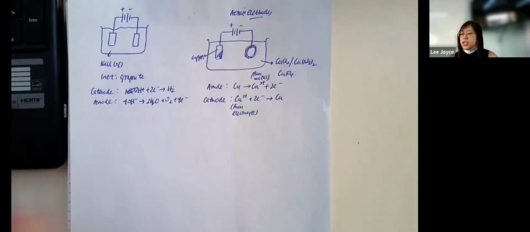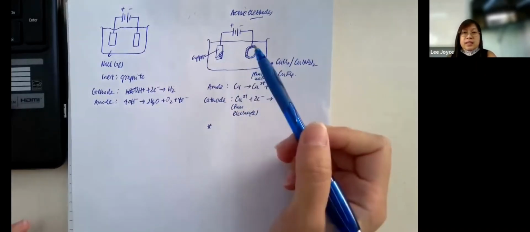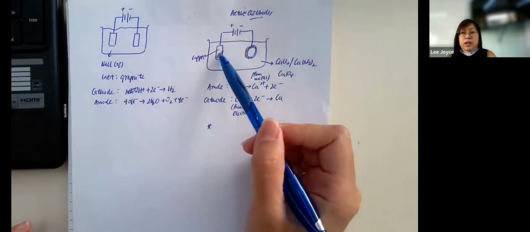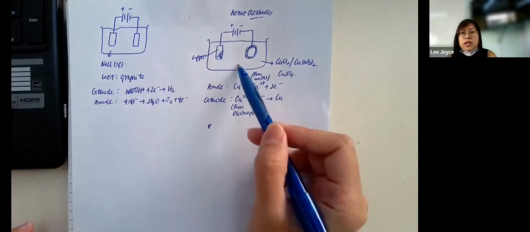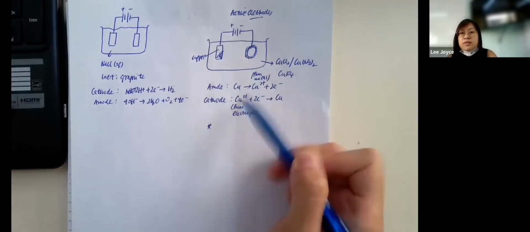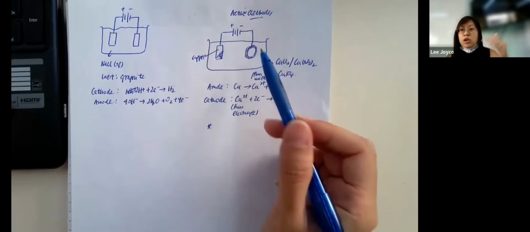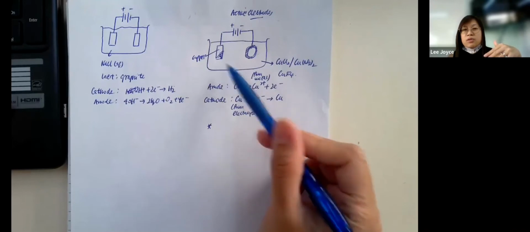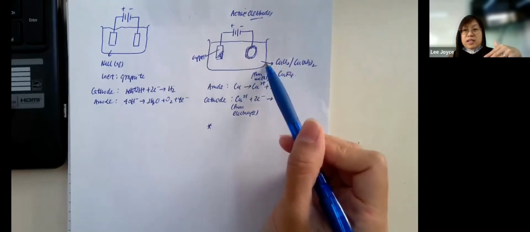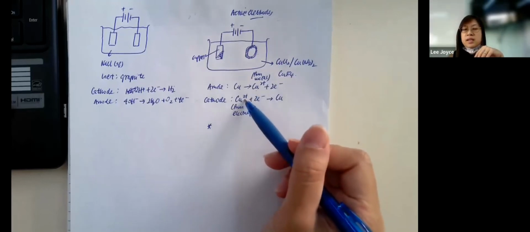Now, one implication you must understand is that because of this process, the copper metal becomes smaller. When it turns into Cu2+ ions, it gets into the solution. At the same time, Cu2+ ions from the solution are discharged towards the cathode. So there is a constant replenishment of Cu2+ ions from the anode into the electrolyte. That's why the electrolyte will not become colorless, even though the Cu2+ ions from the electrolyte get discharged.